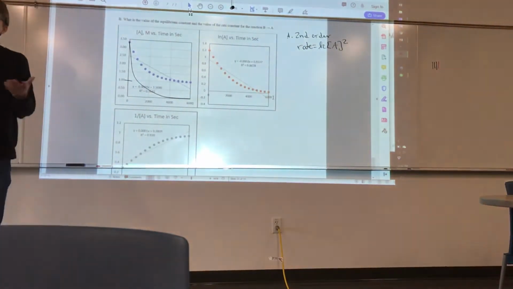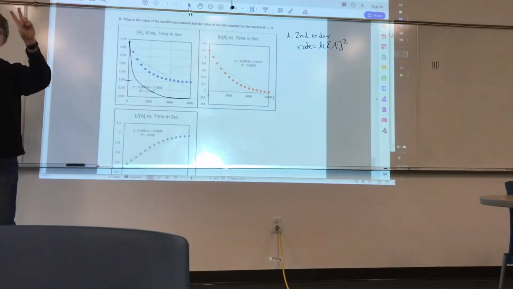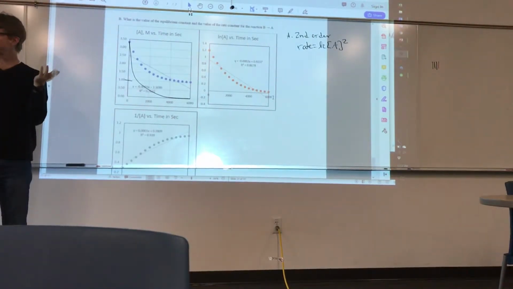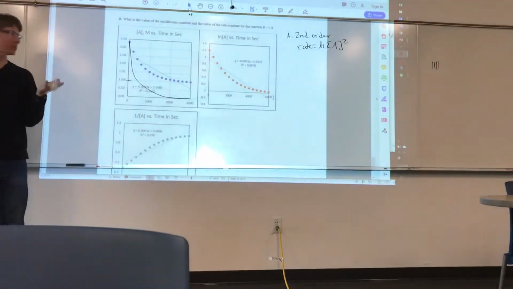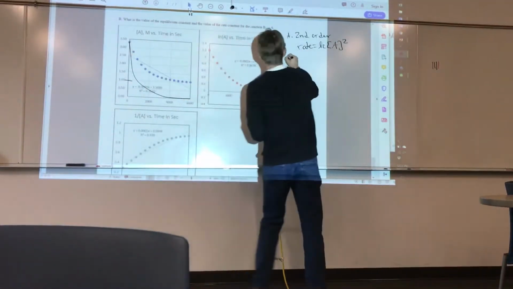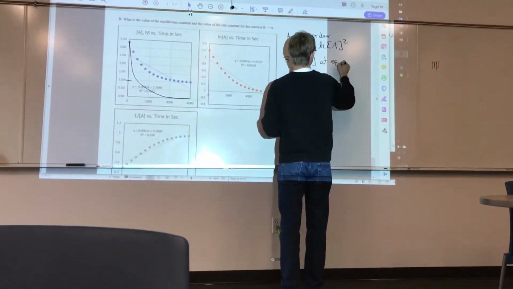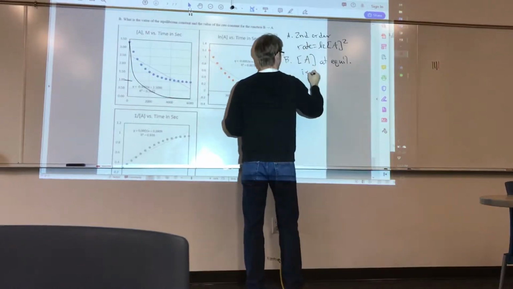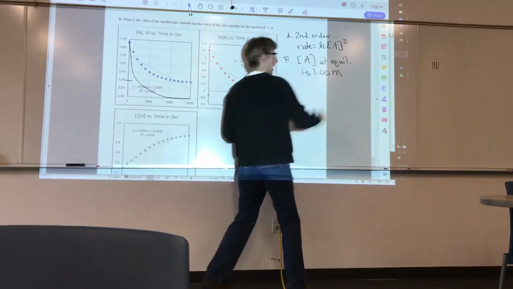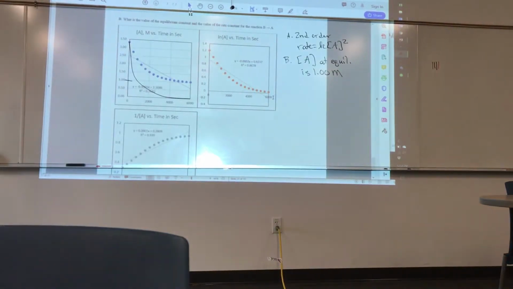What does that mean for the equilibrium constant? Tricky. At equilibrium, there's some A and some B. Are you okay with that? So at equilibrium, there's some A and some B. And in particular, the concentration of A at equilibrium is 1.00 molar.